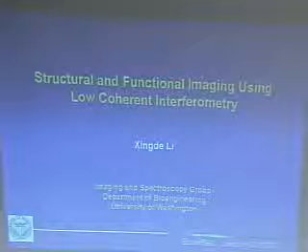And last year, he was voted by students as the 2001-2002 Teacher and Mentor of the Year, which was very unusual for a first-year faculty member in the department. So Dr. Lee will give us a presentation on structural and functional imaging.